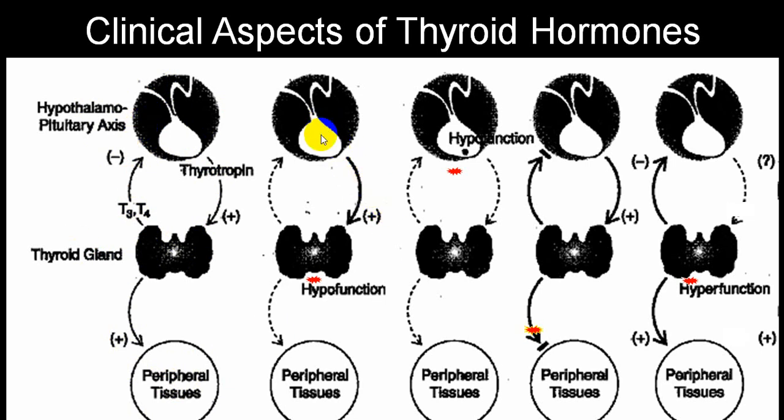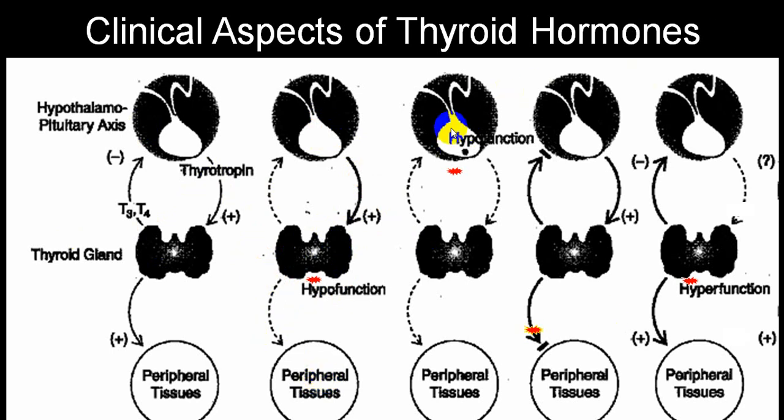Now, if TSH production is more, thyrotropin secretion is more, and there is a hypofunction, so there will be less hormone available for peripheral tissue.